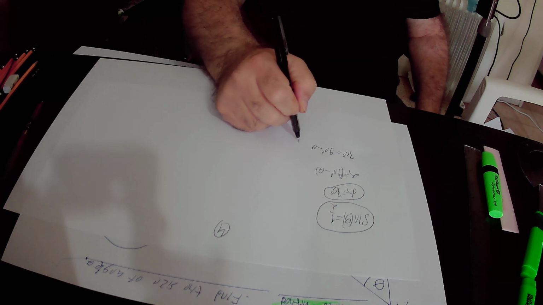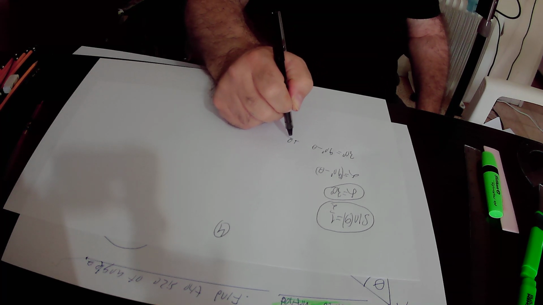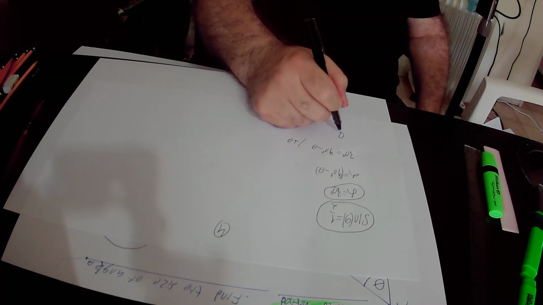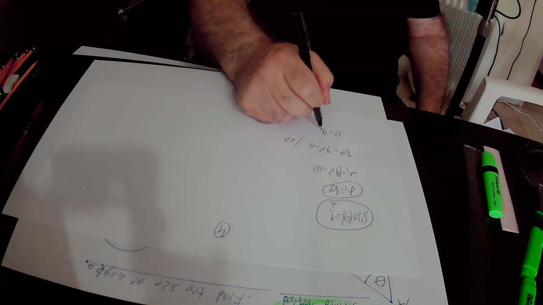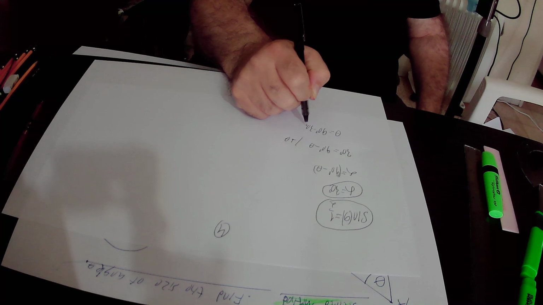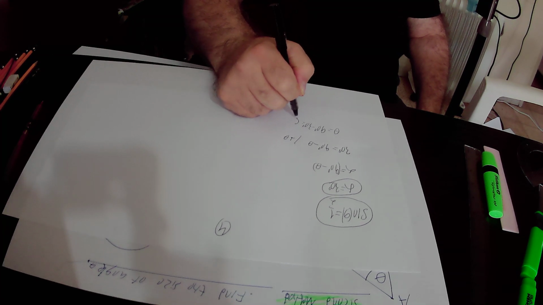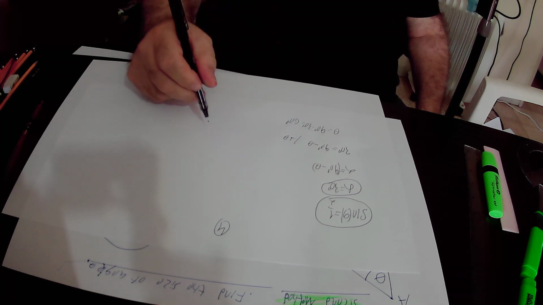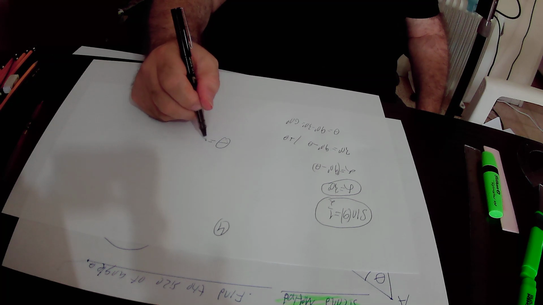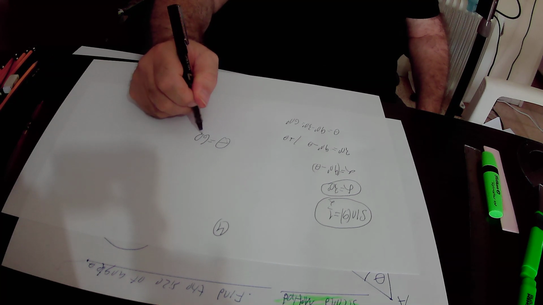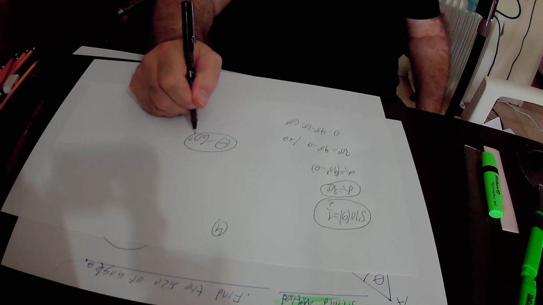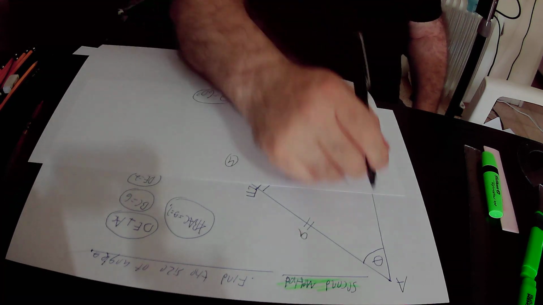We add theta to this equation and subtract 30 degrees, and we get that theta equals 90 degrees minus 30 degrees, that is 60 degrees. So in the second method, we found that the size of angle theta is equal to 60 degrees.